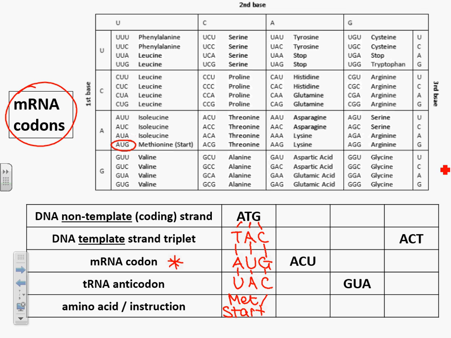I'll take you through the next one as well. If the messenger RNA codon is ACU, well, let's go back up to start with.